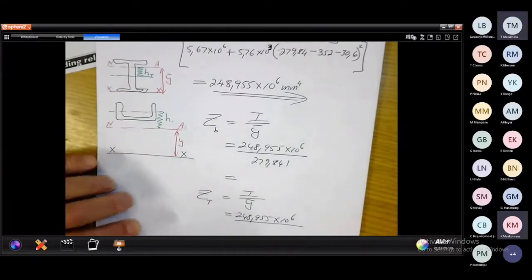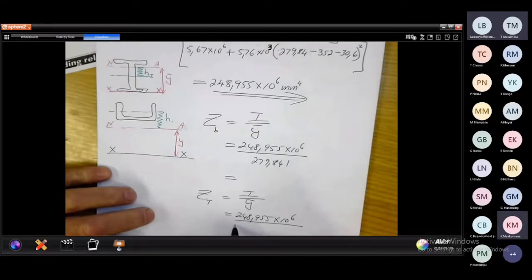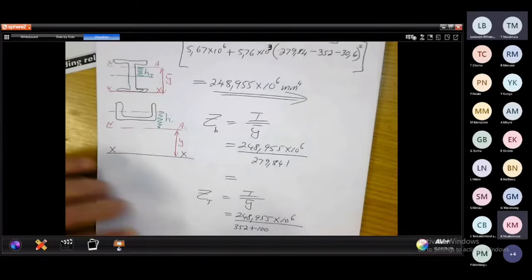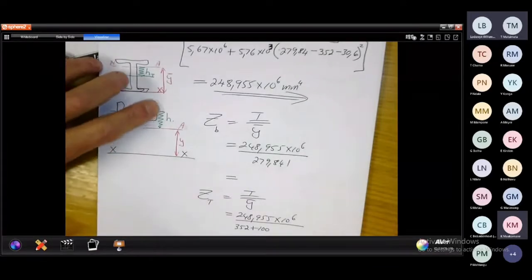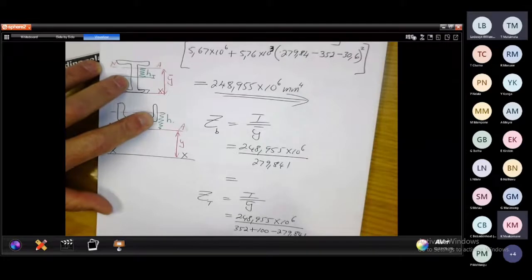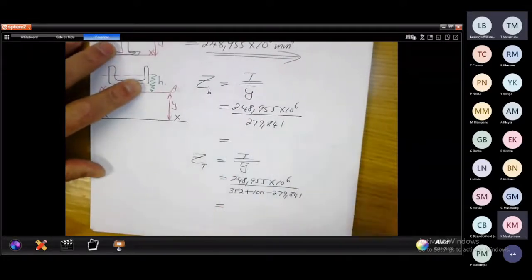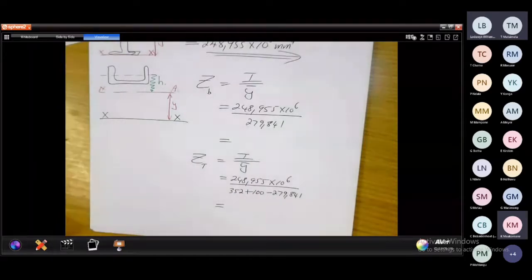And then you must calculate your ȳ from the top, and then we will know it is 352 plus the 100 of the length of my channel minus 279.841, and you will have your answer here. All right, quickly calculate that for me and tell me what is the answer from the bottom and from the top.